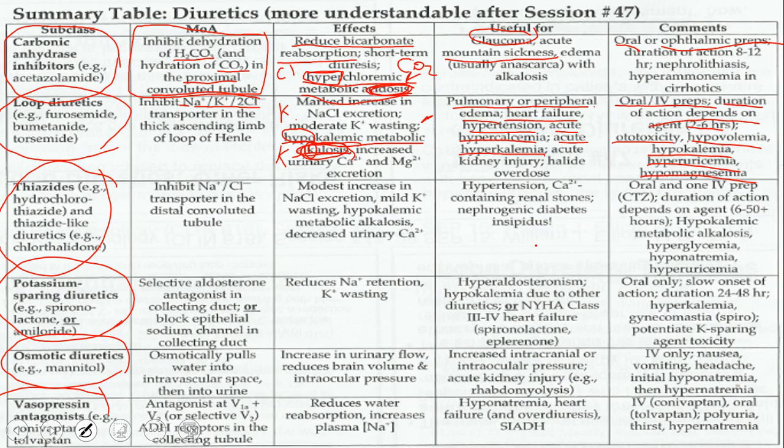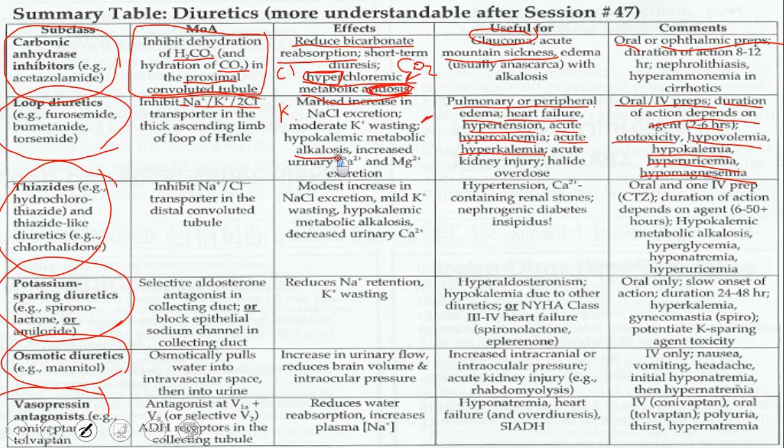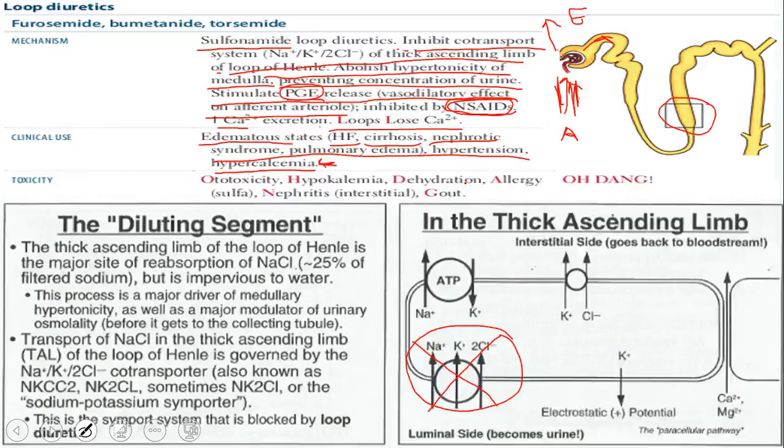Here it is. So yeah, here that's a mistake then. So here he says metabolic alkalosis. So make a note of that. Hypokalemic metabolic alkalosis. So the K for kalemic, K for alk. And those are associated with loop diuretics, which affects the sodium, potassium, which has a K, chloride channel. Okay? So pay attention to that.